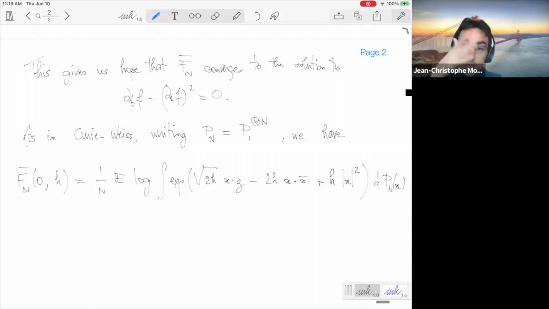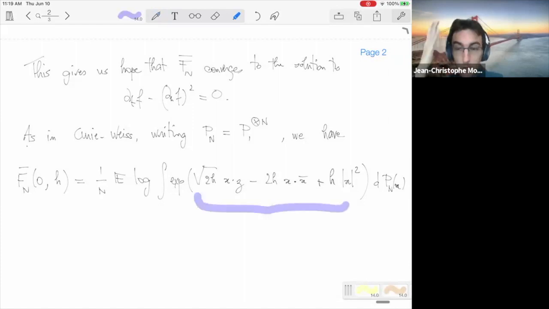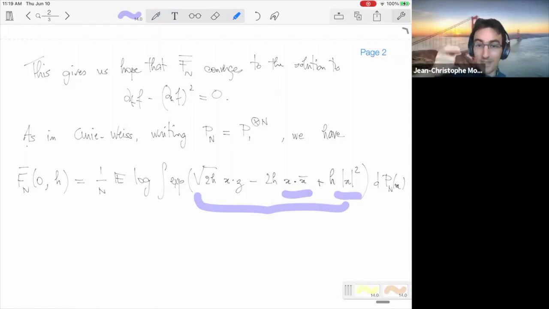And you see that everything can be factored. Inside the exponential, you can write things component by component. For instance, x dot z, you can write it as sum of xi zi. This you can write as sum of xi x bar i. This is sum of xi squared. So it's really a sum over the indices of a given term.